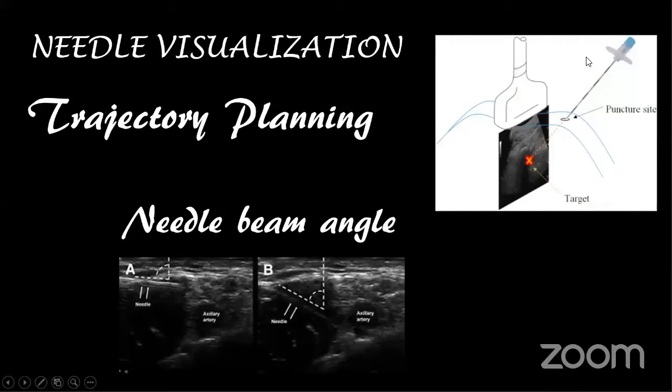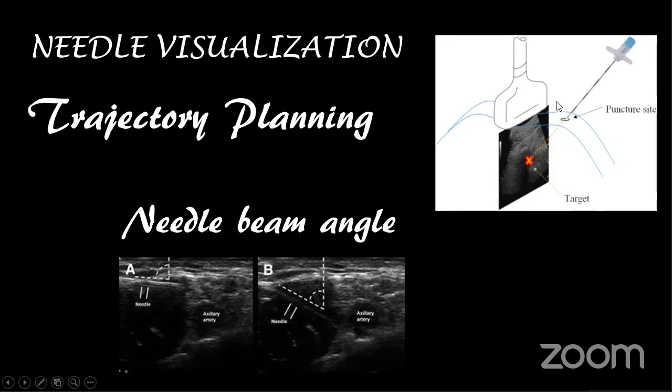Now, before I take each and every topic, let me talk about the basic trajectory planning in any ultrasound guidance. The main advantage of ultrasound is needle visualization. So how will we visualize the needle well on ultrasound? Remember, we have the probe here, then we have the image, and then we have this needle.